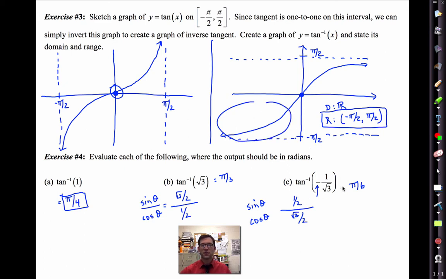And in fact, what that means is that the inverse tangent must result in negative pi over 6. All right? So think about those a little bit. Pause the video if you need to, and then we'll scrub out the text. Are you all ready? Here it goes.